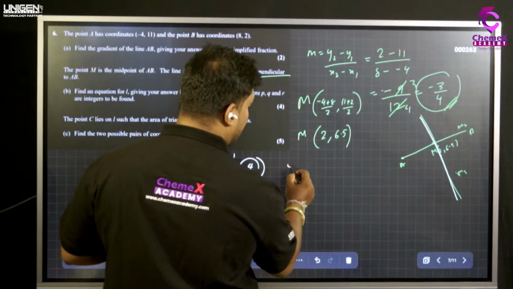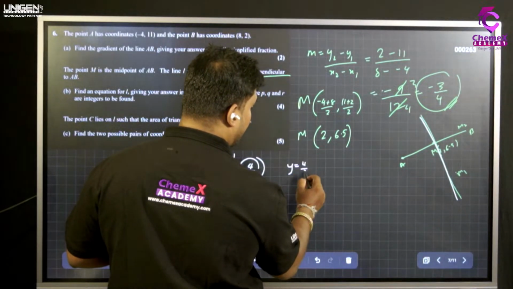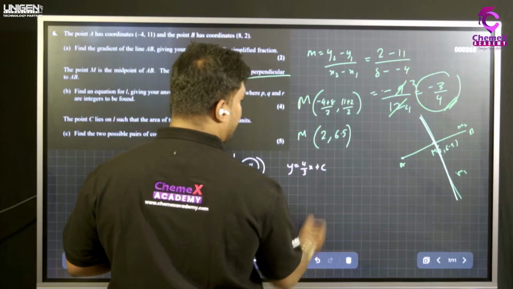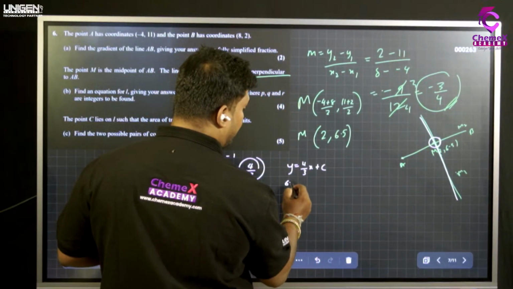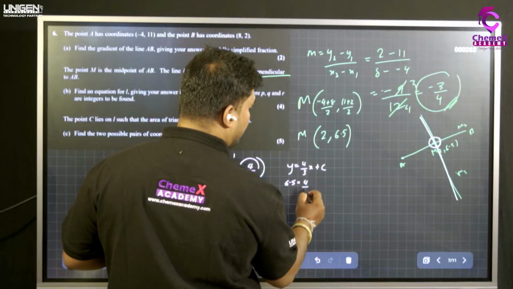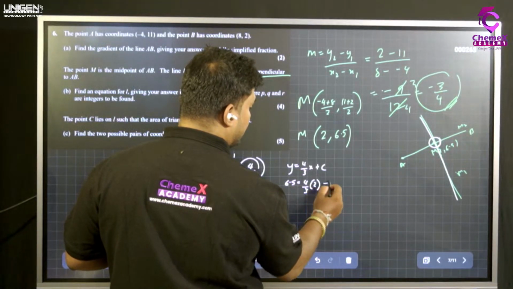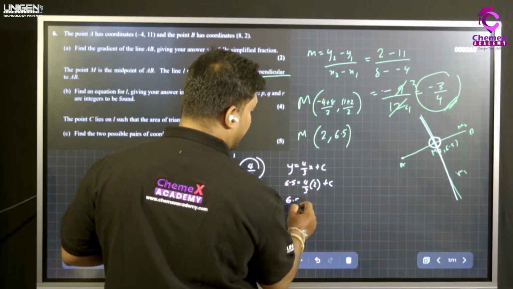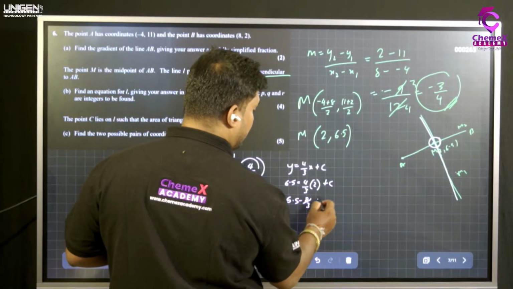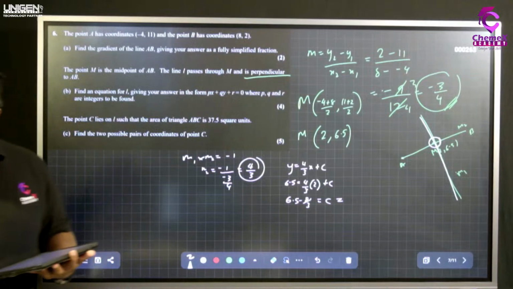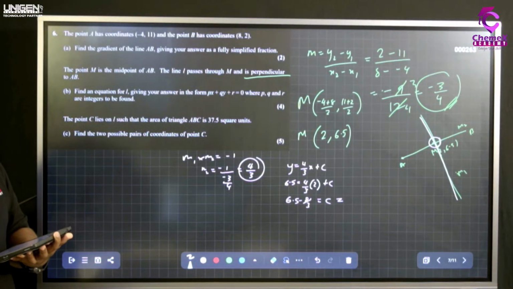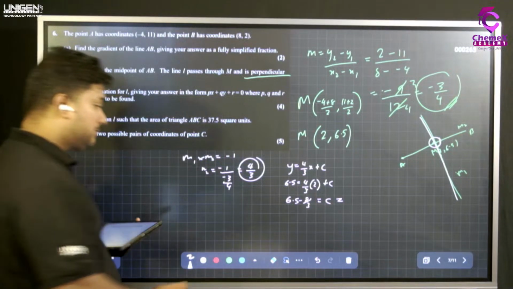So then y equals 4 over 3 x plus c. You have to use the midpoint coordinates. So 6.5 equals 4 over 3 into 2 plus c. 6.5 minus 8 over 3 equals c. So c is 23 over 6.